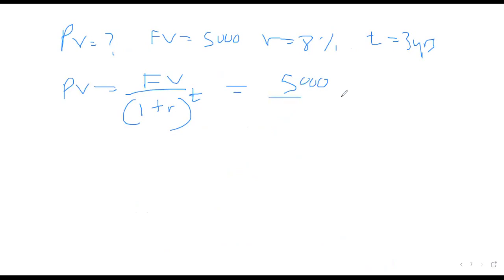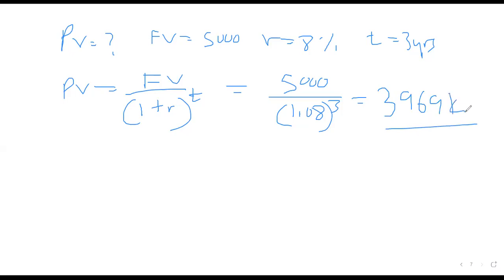Our interest rate is 8 to the power 3. So 1.08 to the power 3. Then we divide the 5,000 by the answer we're going to get. So this is how we get 8969. So this is our present value.